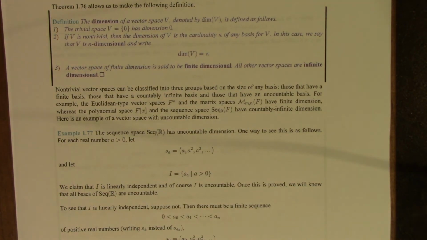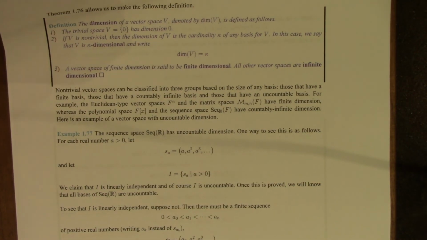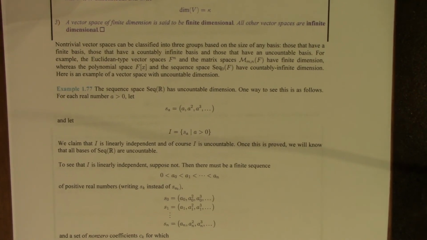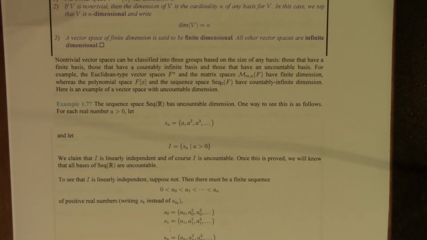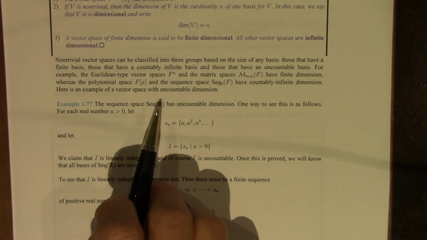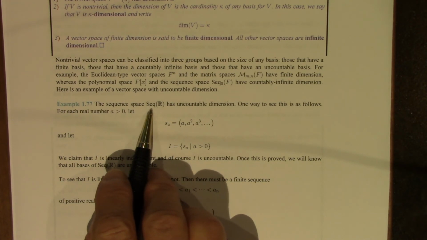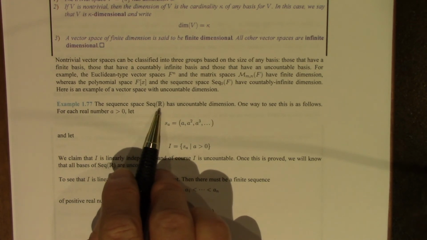It's a little harder to show that a vector space has an uncountable basis. Here's an example: the full sequence space of all infinite sequences over the real numbers.